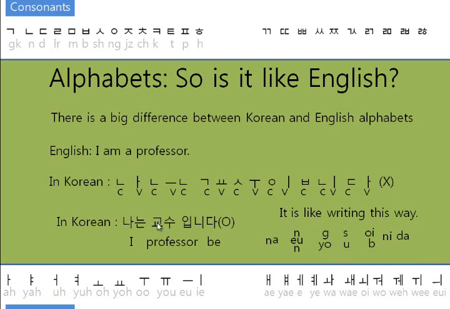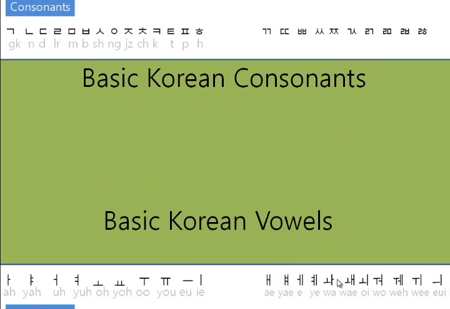And we have 1, 2, 3, 4, 5, 6, 7 syllables. Of course, in English, we don't write that way. But anyway, I hope you pretty much understand how it works.